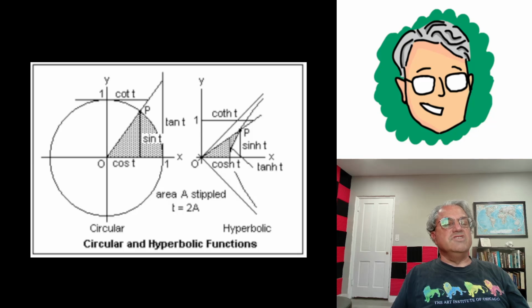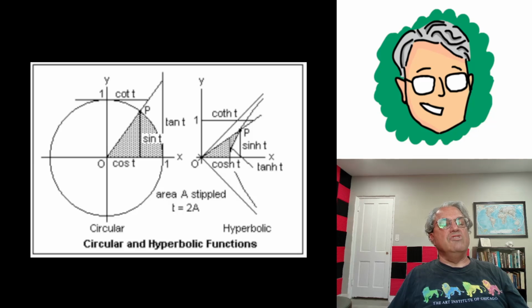We start with the right branch of the unit hyperbola and mark a point P on that branch. Then, in the same way we did for the circular functions, we make a ray from O, the origin, to P, and we say that t is twice the area. You don't really have to worry that much about what t is, but it is twice the area.